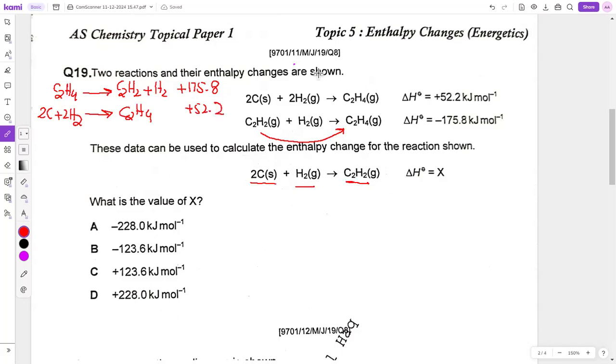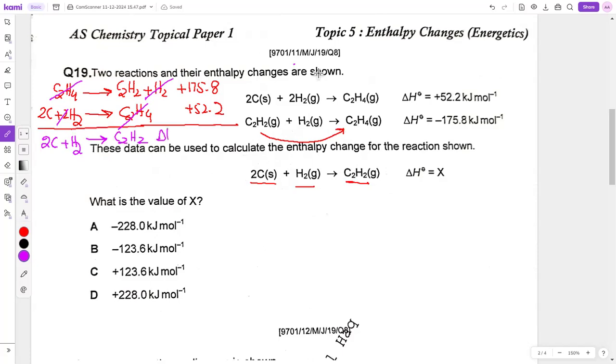Now beta, which things have to be cancelled? C2H4 is cancelled out. Yes, one hydrogen will be cancelled out with this 2. Does it make sense? So you are left with 2C plus H2 on the left, and on the right hand side you have C2H2.